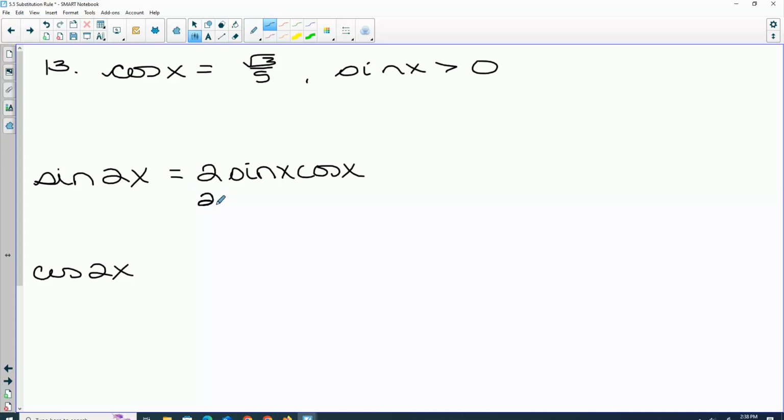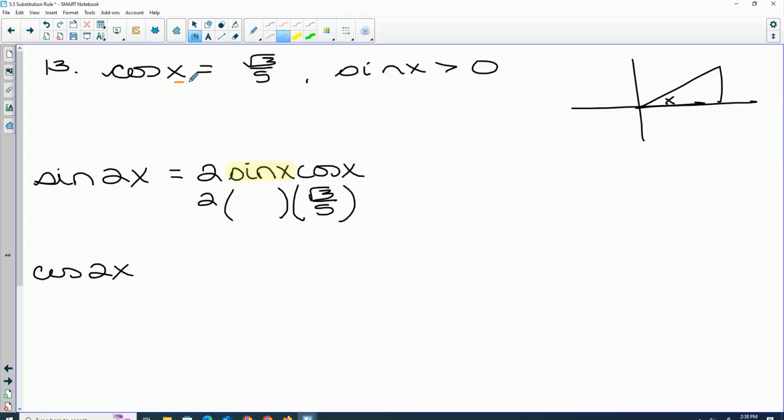And when I'm looking at this, I don't know sine x, and I know cosine is radical 3 over 5. What am I going to do to figure out what sine is equal to? I know sine is positive, so that's either quadrant 1 or 2. Cosine is also positive, so it's quadrant 1. Okay, I am drawing this triangle for x, and I'm using this ratio to get there. So this angle is x.